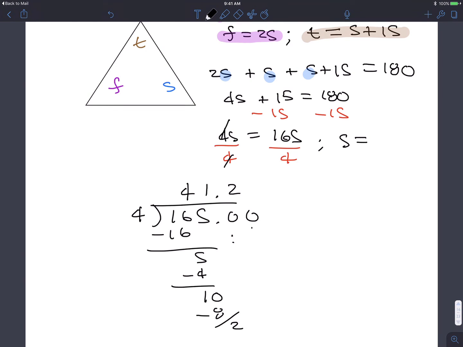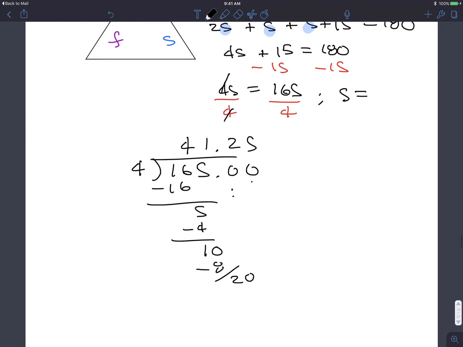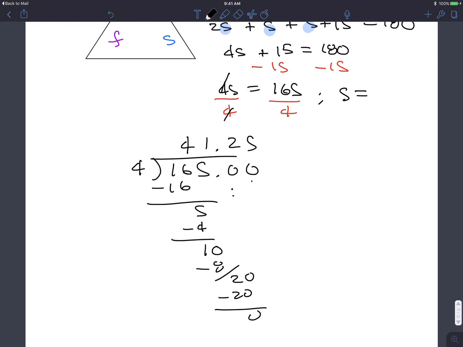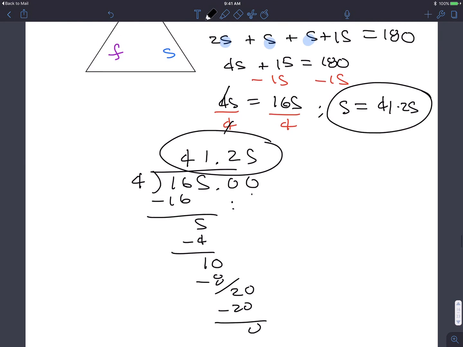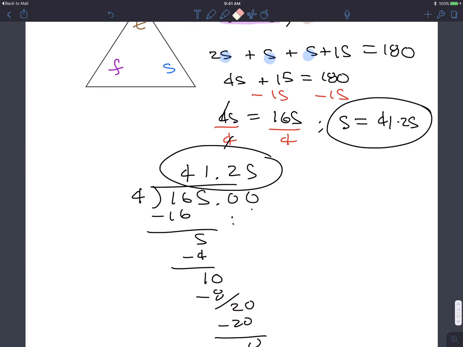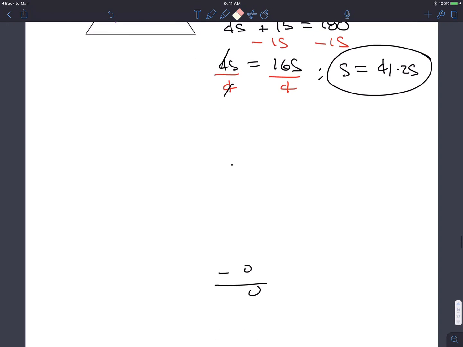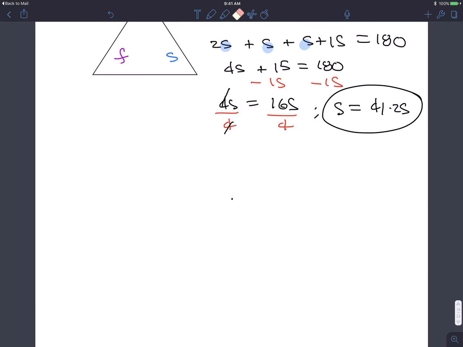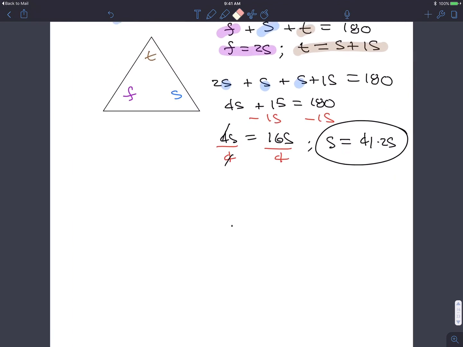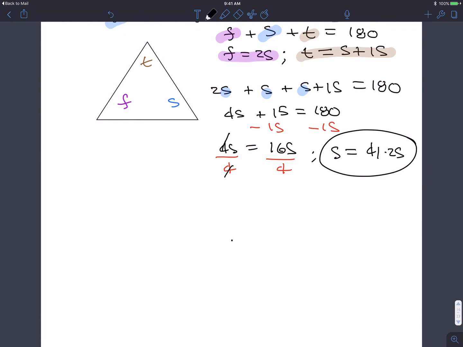Bring down another 0. 5. And there's 20. Go through your division algorithm. 41.25. And that's my second angle. So long division there, I'm going to get rid of it. My second angle here now is 41.25.